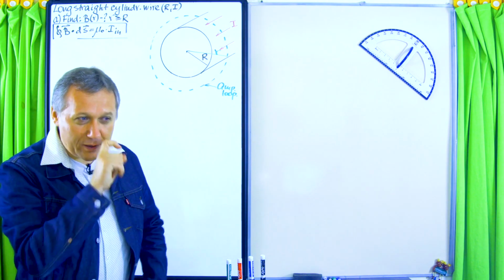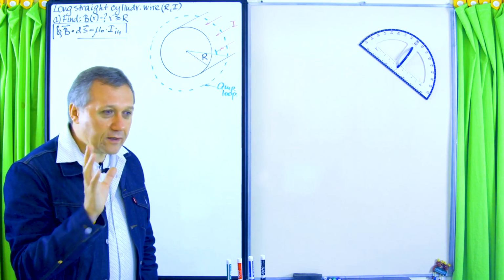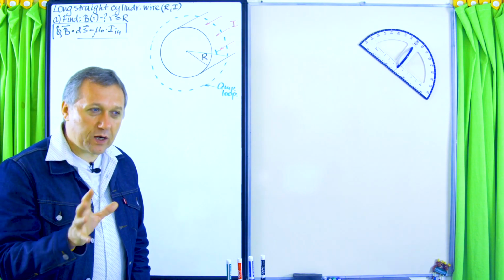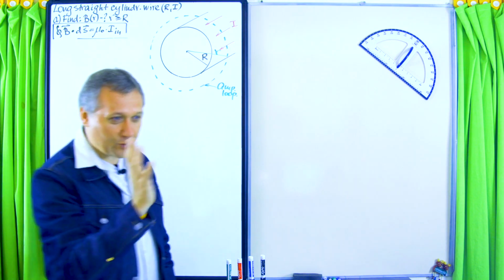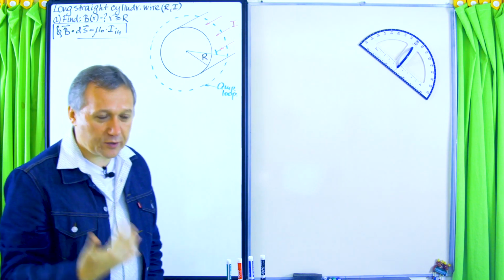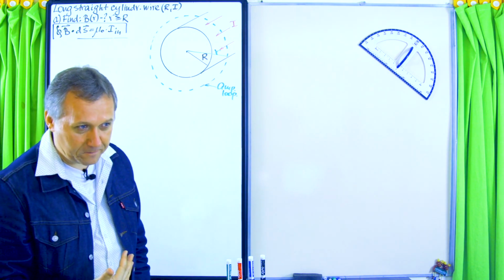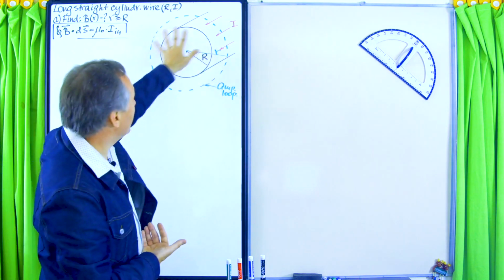You remember, once you pick a direction, that determines if your current is going to be positive or negative. You remember that right-hand rule? You need to curl your fingers in the direction of integration in order to determine which current is positive and which current is negative. Here we have only one current, which is uniformly distributed.